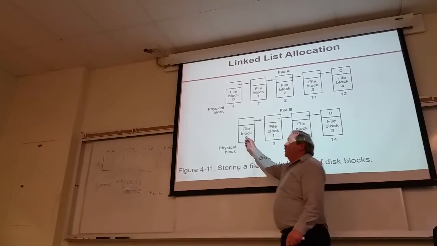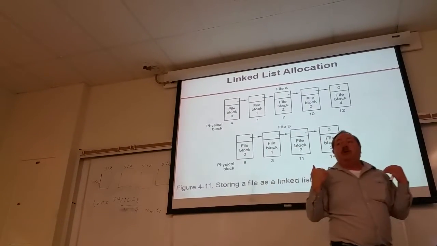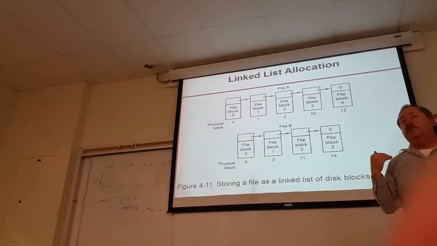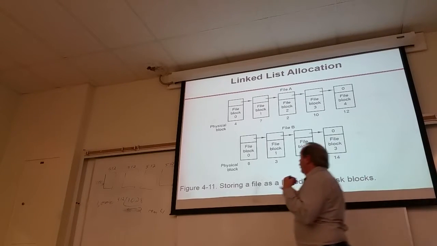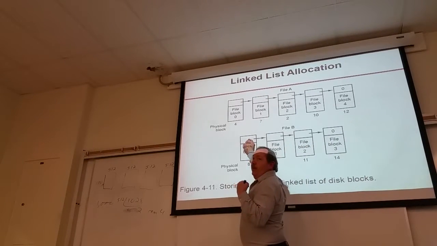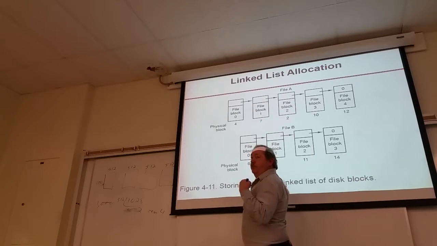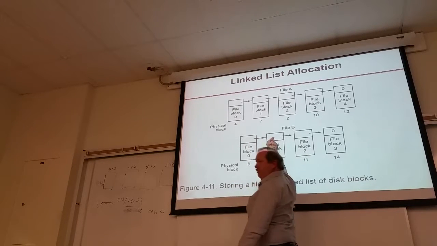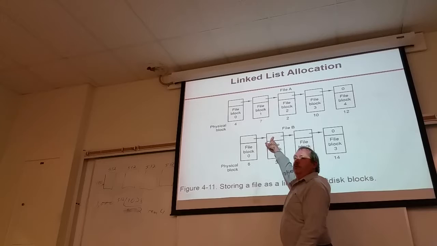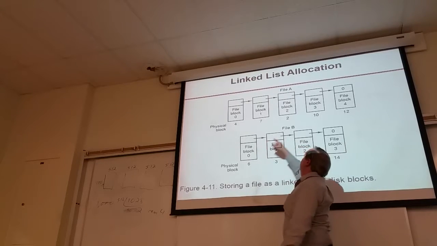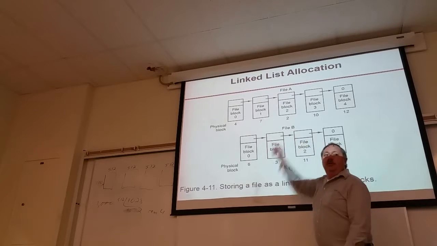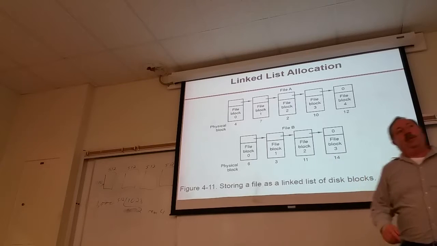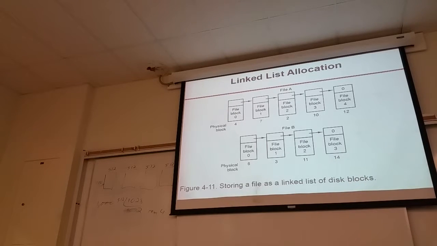And every time I reference a block, I need to have that in main memory, because I can only read the value of this block when it's in main memory. I can't read it out on disk. So I have to get it into main memory, read that value, and then say, oh, I need this one, read its value, oh, I need this one, and there we go. That's it.